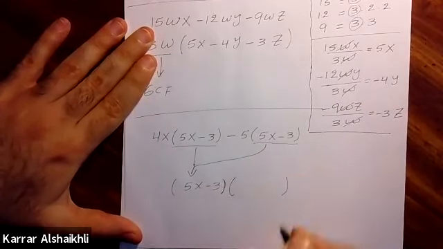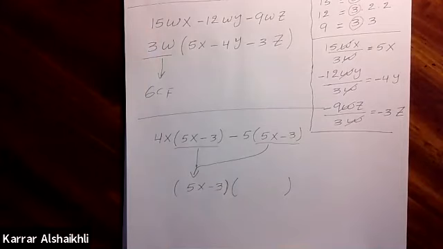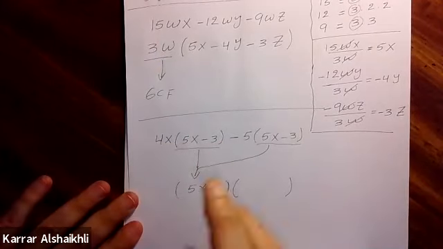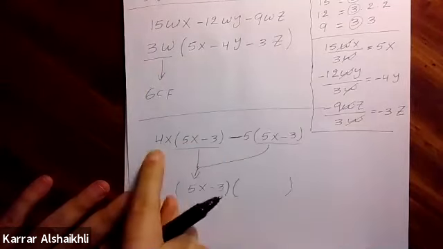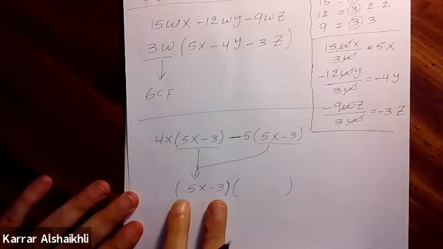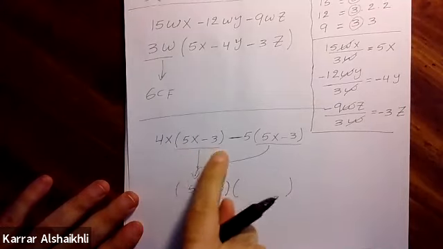Now I'm going to open another parenthesis. This one exists here. On this part, what's the leftover? This parentheses exists here. What's the leftover here? The 4x. Here's the 4x. Okay?